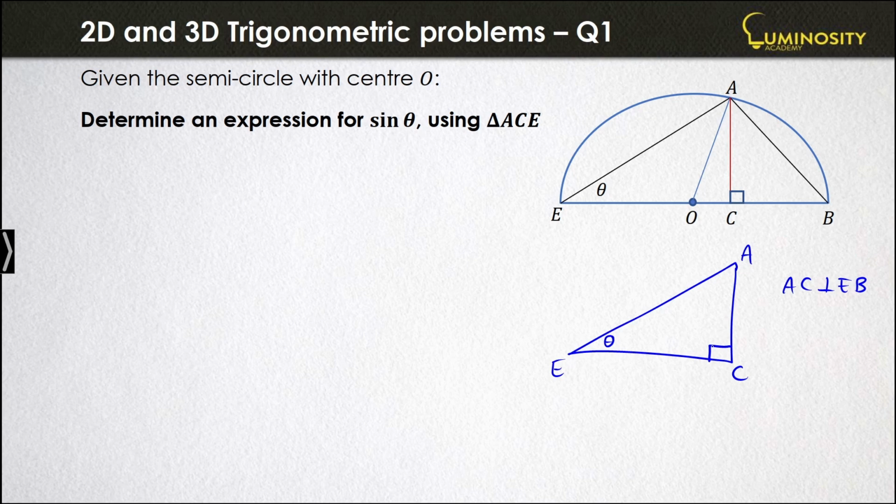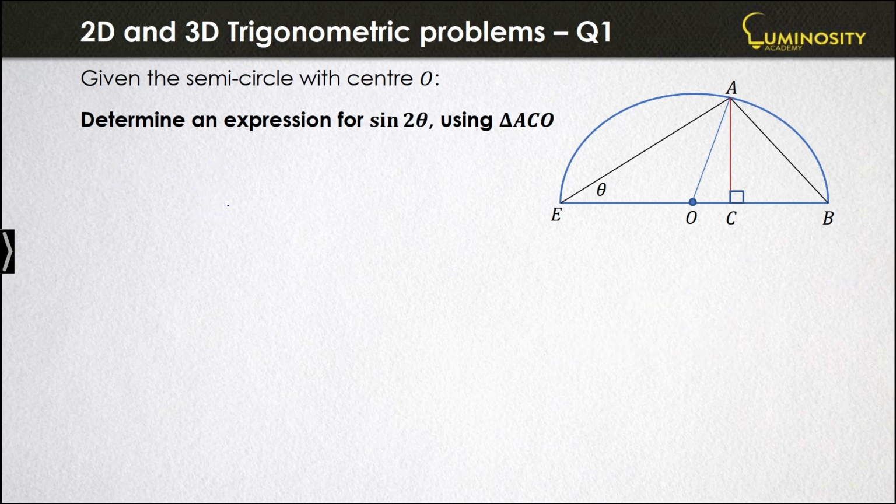Okay, so sine theta is going to be opposite over the hypotenuse. So sine theta is equal to AC over EA. So that is the expression for sine theta within that given triangle.